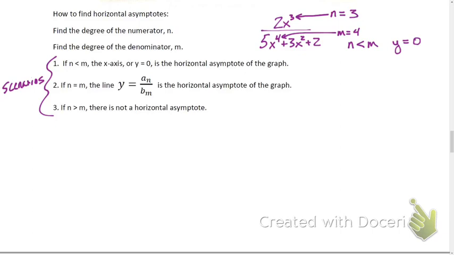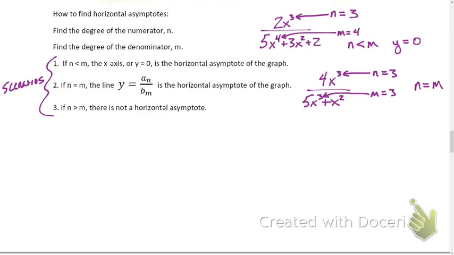We may get a function that looks something like this. And this one is still n. This one is m. And they're equal to each other. So in this case, you need to get the coefficients.